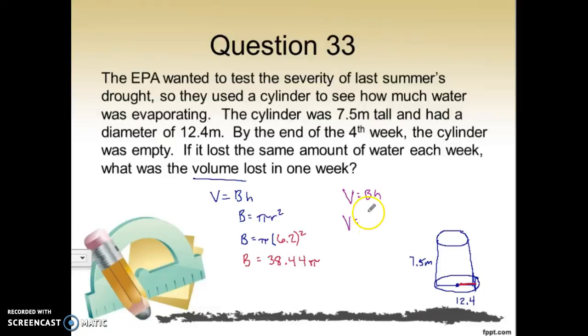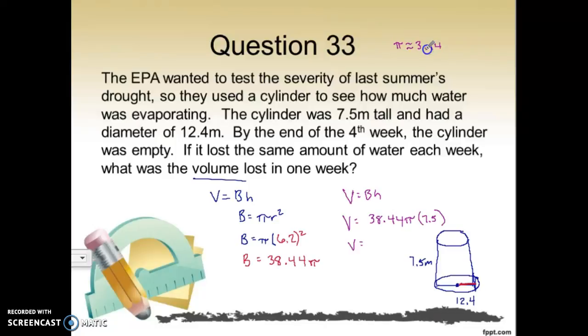So the volume is 38.44 times pi times the height, which is 7.5. If I wanted an actual number value here, I would plug 3.14 in for pi. And remember, that's not an exact value. That's an approximate value because pi is irrational.